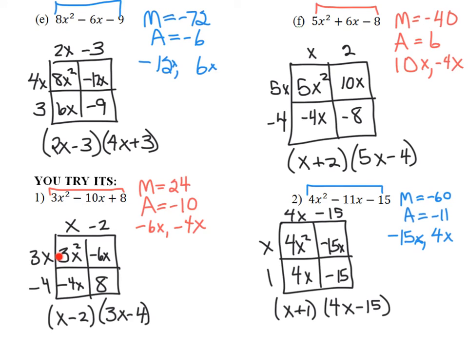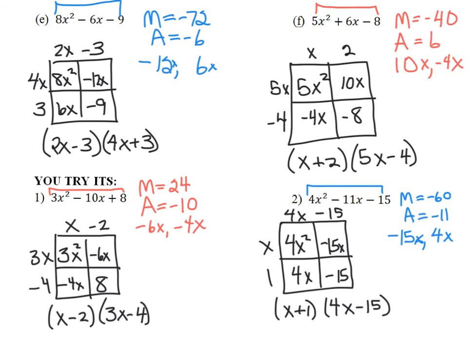Let's look at our first column. We're going to factor out an x. In the second column, again, I'm taking out a negative because the first term in the column is negative. So 2 is the greatest common factor. So my answer works out to be x minus 2 times 3x minus 4.